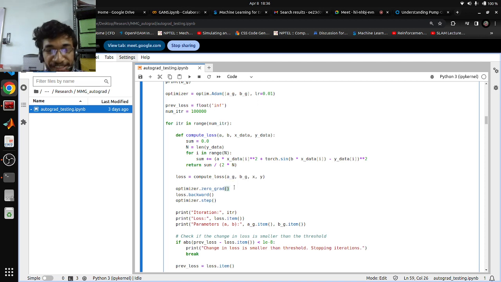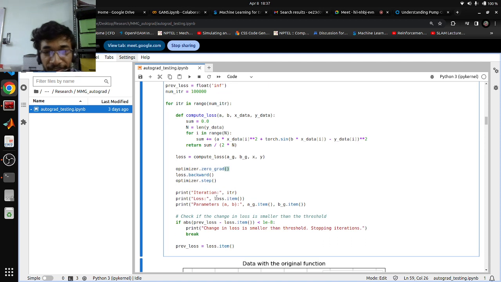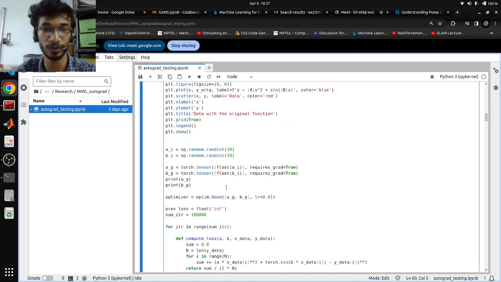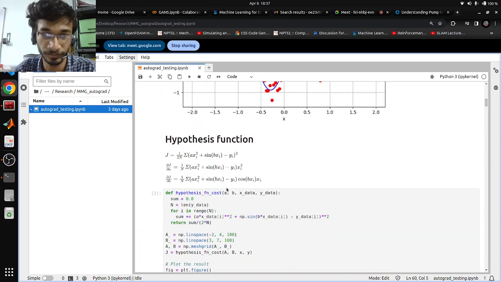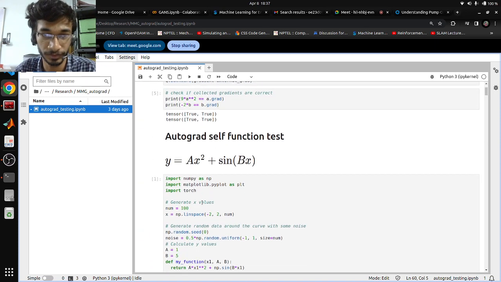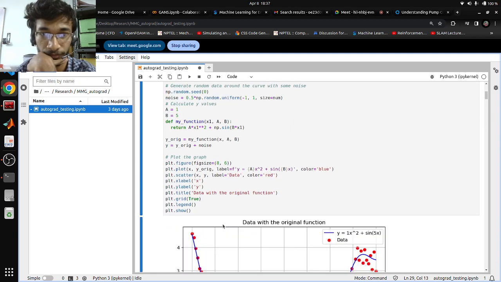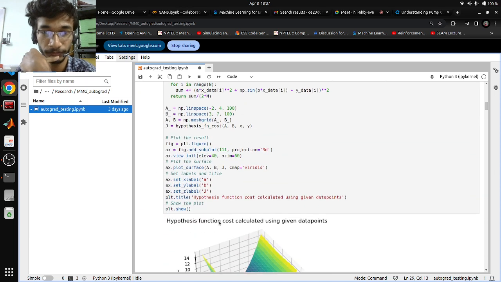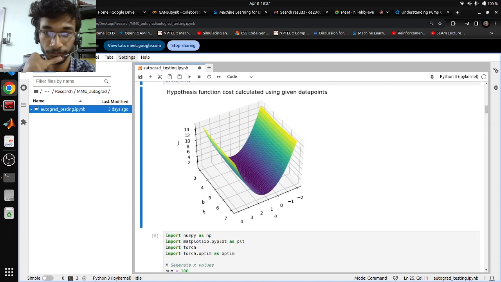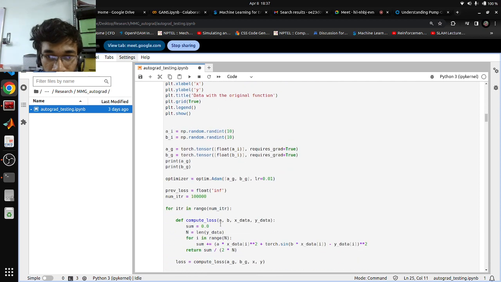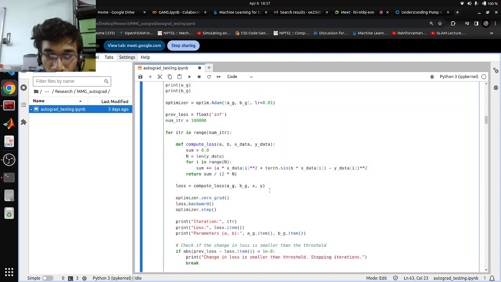Okay, hard to digest. Just imagine that when I say loss.backward, I am updating a value in ag and bg. In fact, I will try to run this.